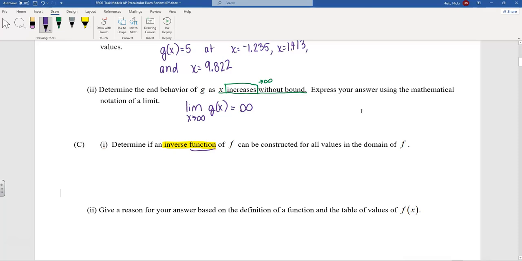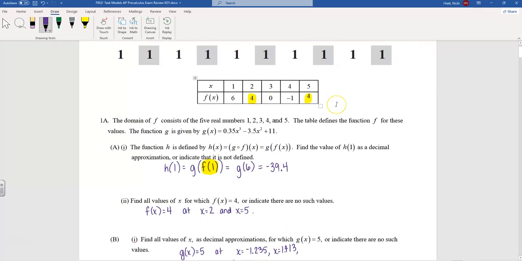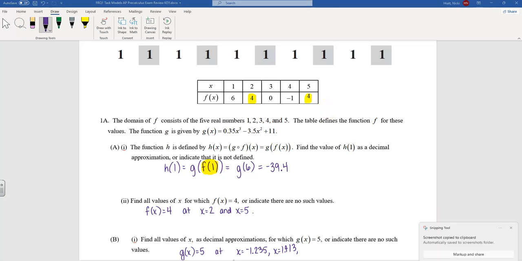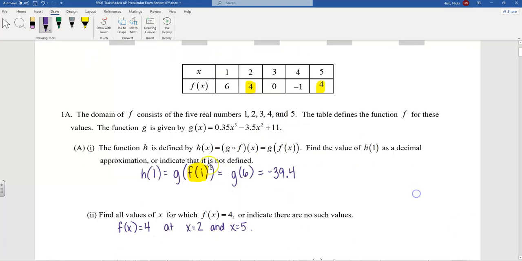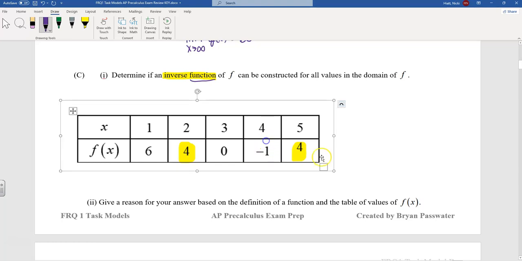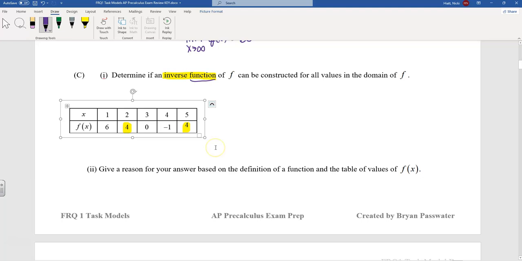if we made a table for the inverse function, I'm going to screenshot that table and put it down here so I can show it on the screen. Alright, so this is my table for f of x.